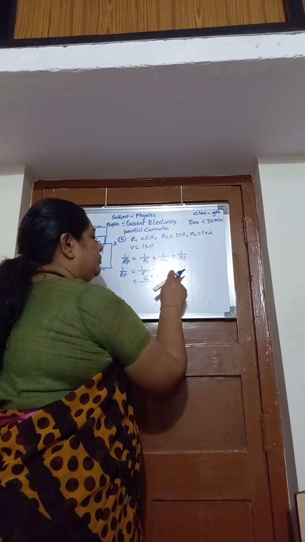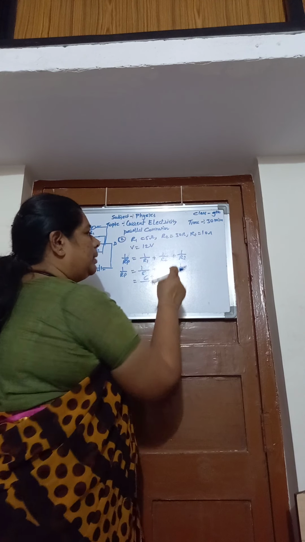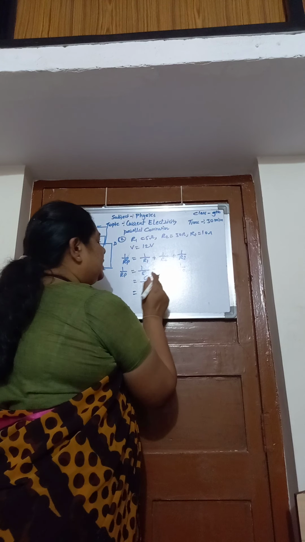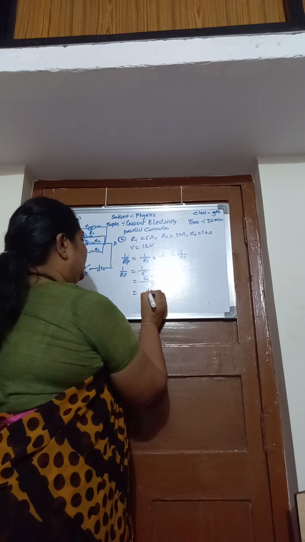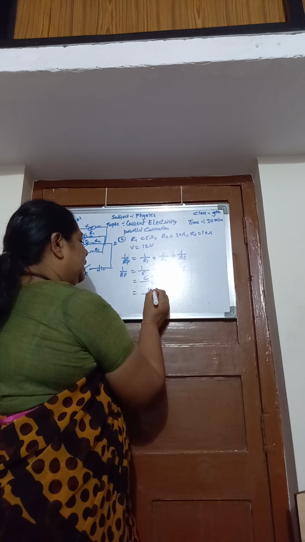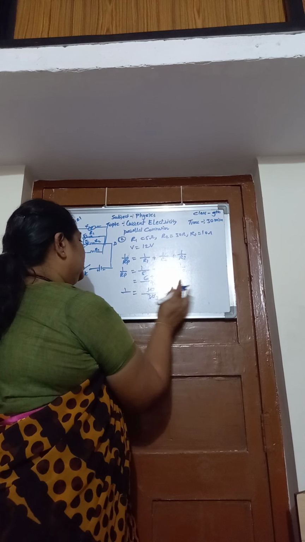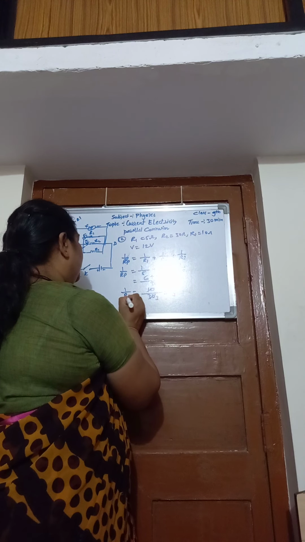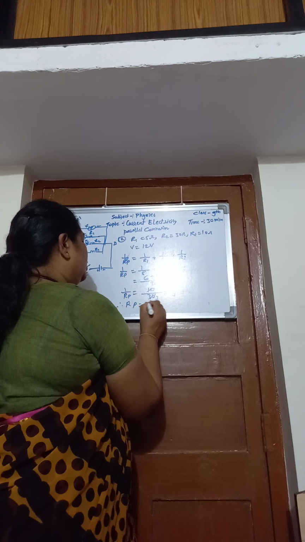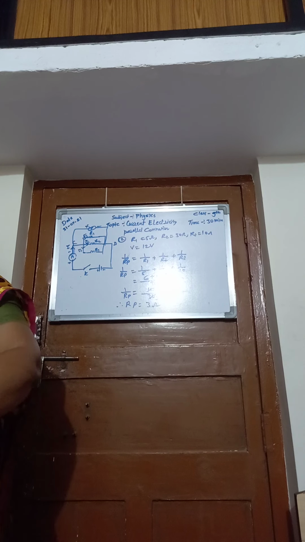And we have multiplied 10 by 3 to get 30, therefore the numerator will also be multiplied by 3. 6 plus 1 is 7, 7 plus 3 is 10. 10 by 30 equal to 1 by 3 mho. It is 1 upon Rp, therefore take the reciprocal, Rp equal to 3 ohm.